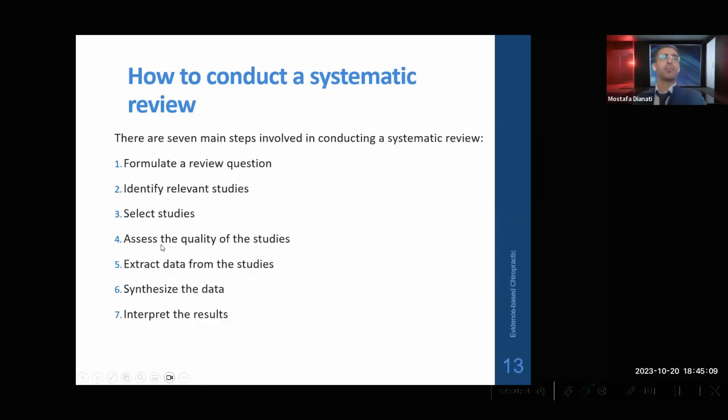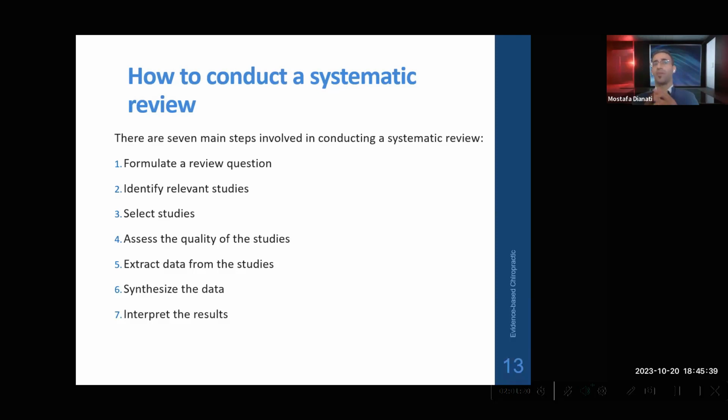And select the studies, assess the quality of the studies. Guys, remember, you cannot include any study that is available. So in this case, we have a form, we call it Newcastle-Ottawa, for example. And the Newcastle-Ottawa form will enable us to rank the studies. If the sample size is high, if the methodology is robust, for example the analysis is correct, and so on.